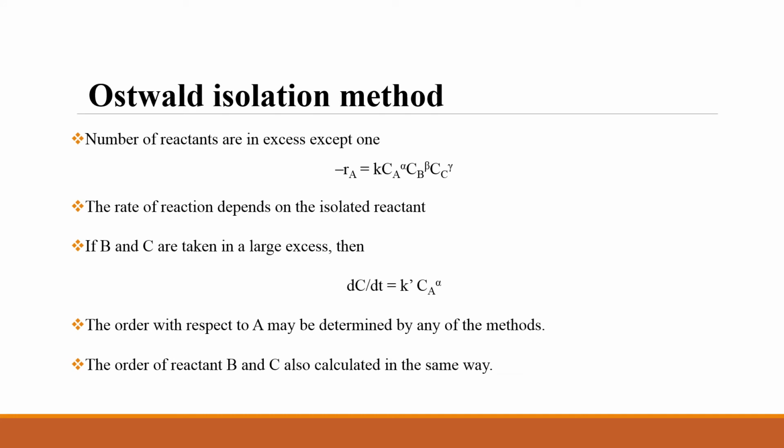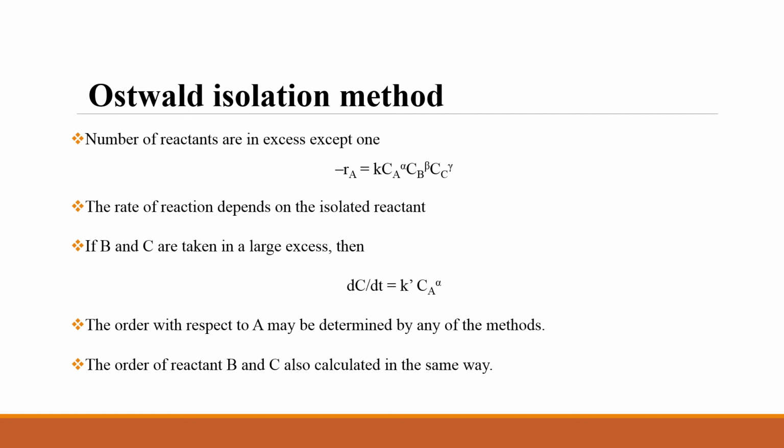Next method of analyzing kinetic data is Ostwald isolation method. According to this method, we have to assume number of reactants are present in excess except only one reactant. For example, if a reaction has three reactants A, B and C, then we have to assume any two reactants are present in excess except one.